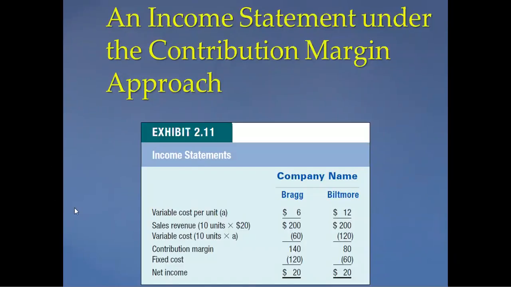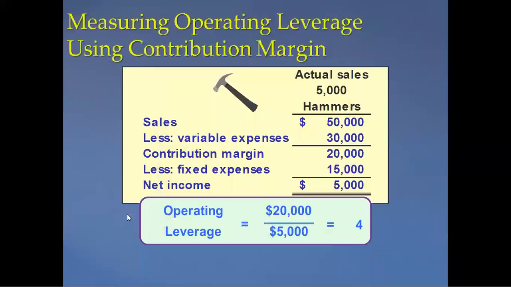The traditional income statement, you started with sales revenues, you subtracted cost of goods sold, which is a type of variable cost, to get gross margin, and then you subtracted all of your selling and general administrative expenses to get the net income. So we have a homework assignment that highlights the differences between the two different income statements that you'll have to prepare. Okay, and again, it's the same information, just reformatted differently.